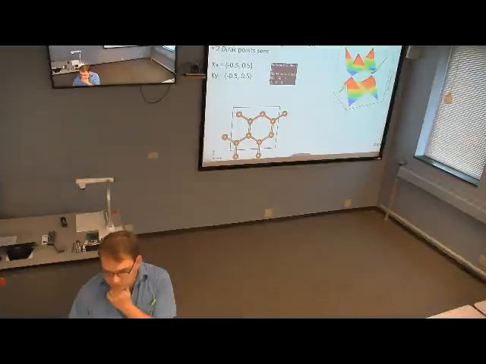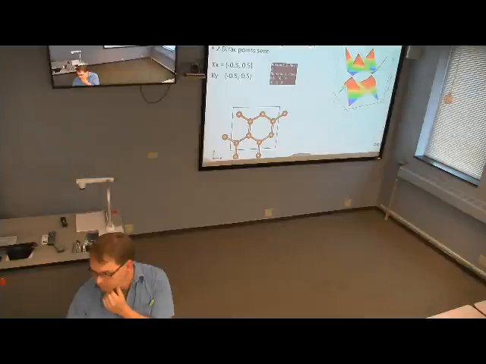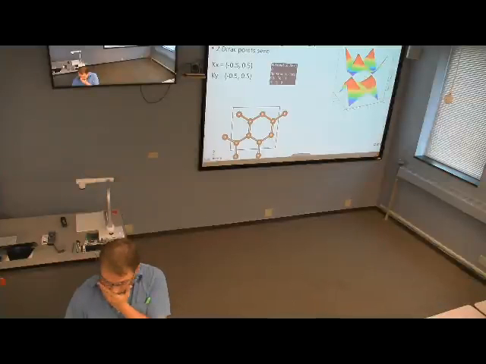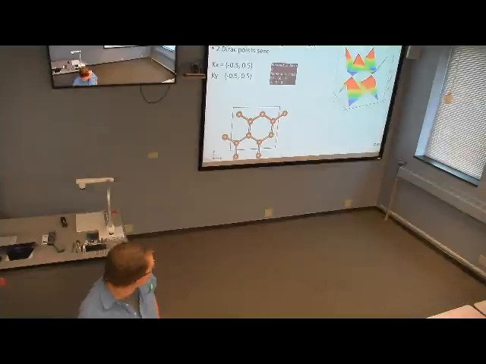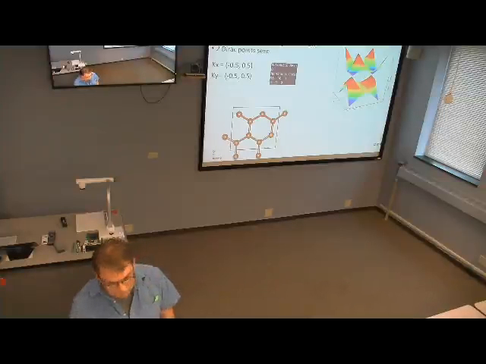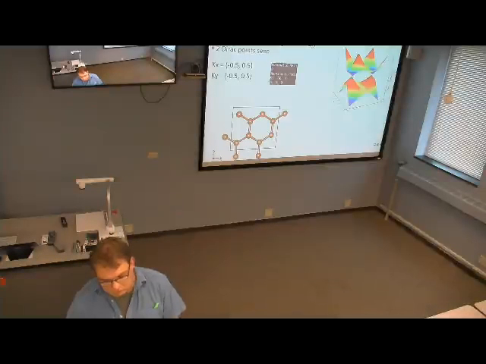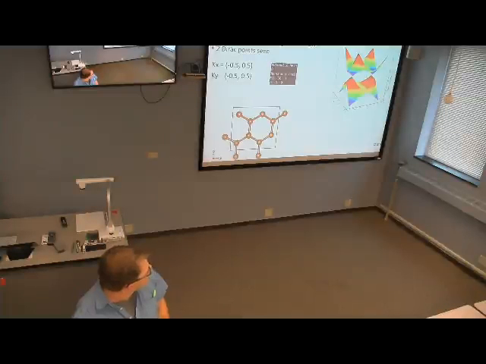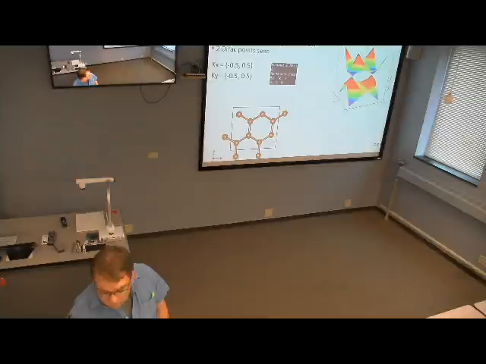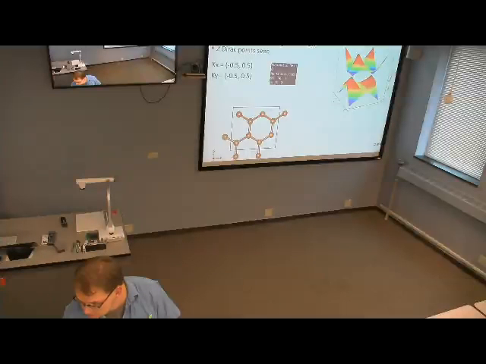But no matter how you count it, the physics should be the same. Well, here we explicitly draw only HOMO and LUMO. One needs to plot not only HOMO and LUMO, but HOMO minus 1 and LUMO plus 1 for all larger simulation cells.